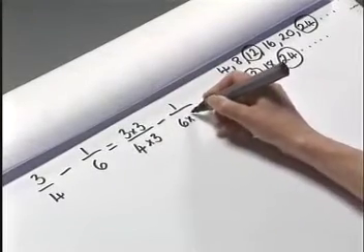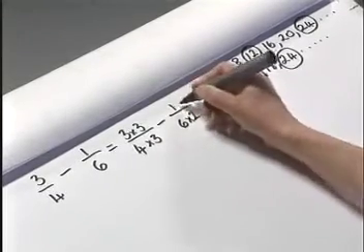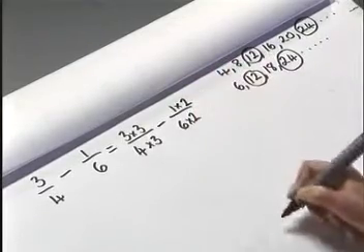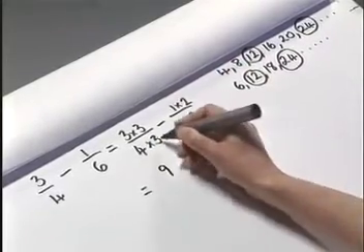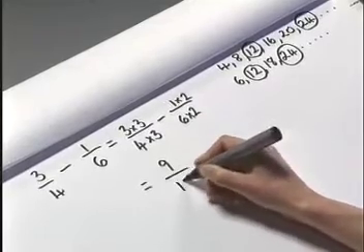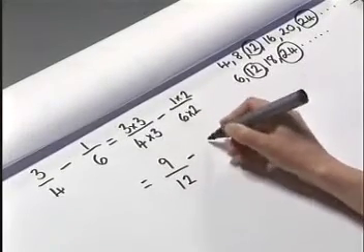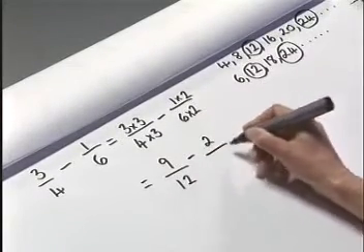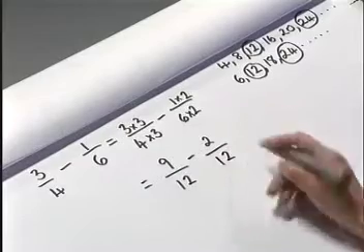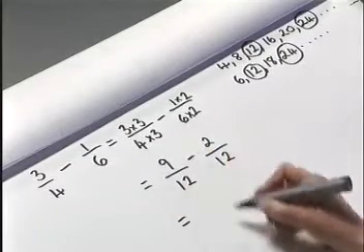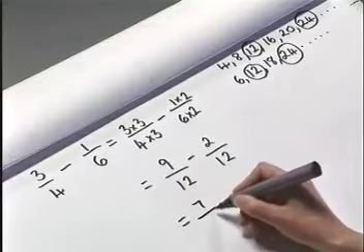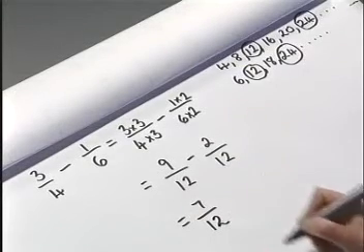We've multiplied by 2. So we must multiply our numerator by 2. 3 3s are 9. 4 3s are 12. Take away, once 2 is 2. 6 2s are 12. Now our denominators are the same, so we can simply subtract the numerators, giving us a result of 7/12.